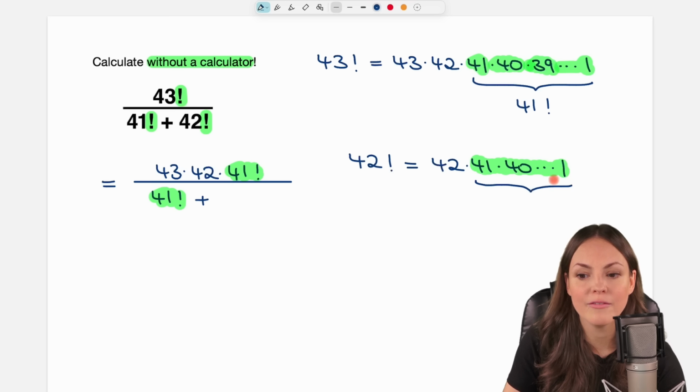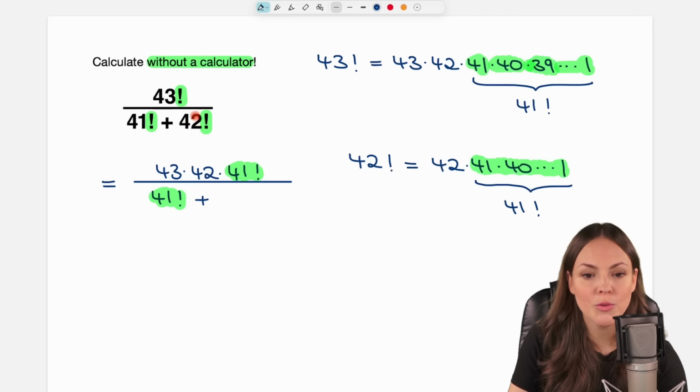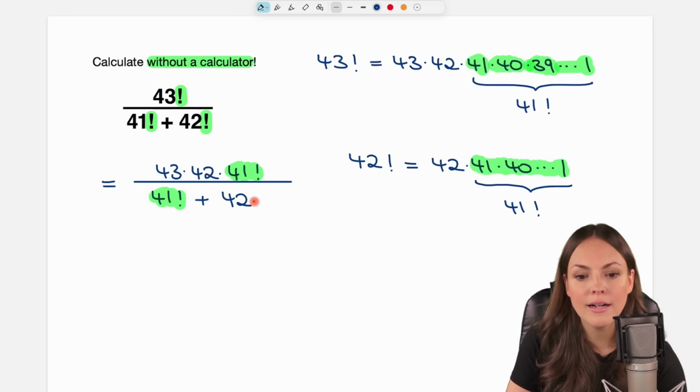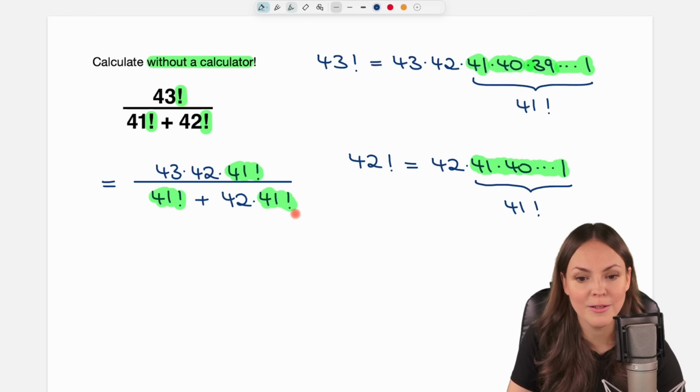So we have the 41 factorial in here as well. So the 42 factorial can be written as 42 times, and instead of this green thing, we write it as 41 factorial as well. So we have the 41 factorial in here, and in here as well.